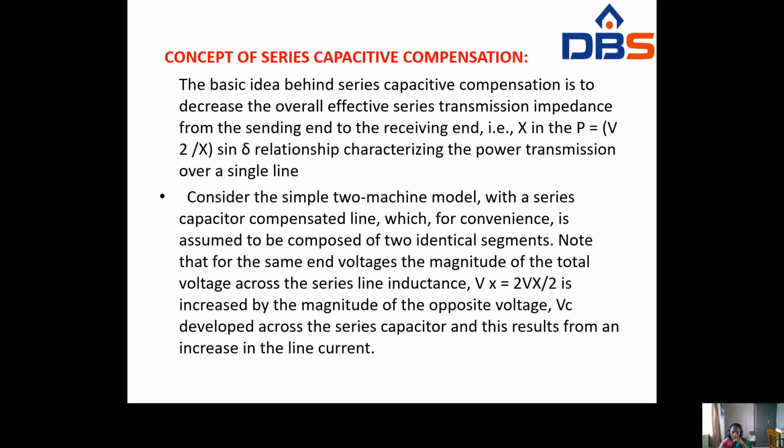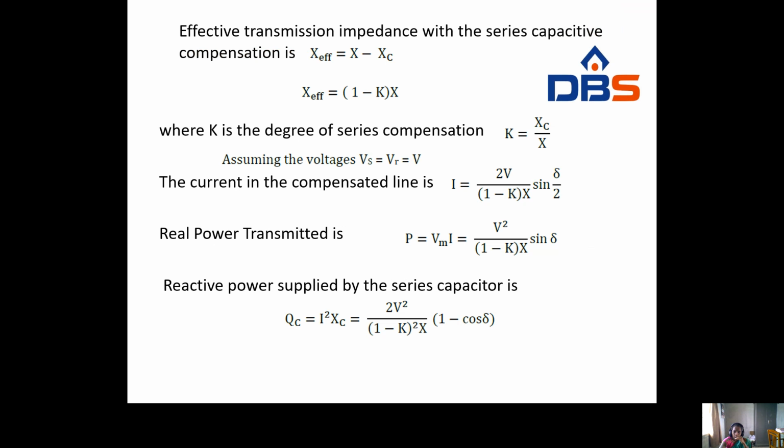Effective transmission impedance with a series capacitive compensation is X effective equal to X minus Xc.